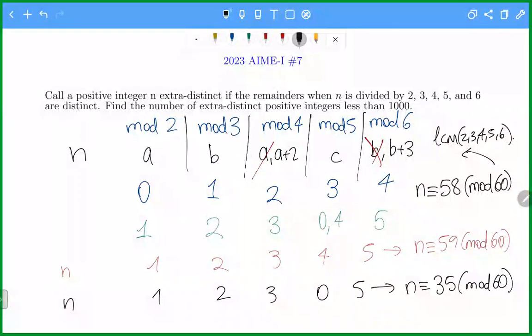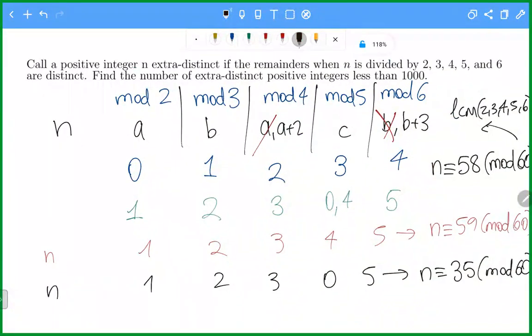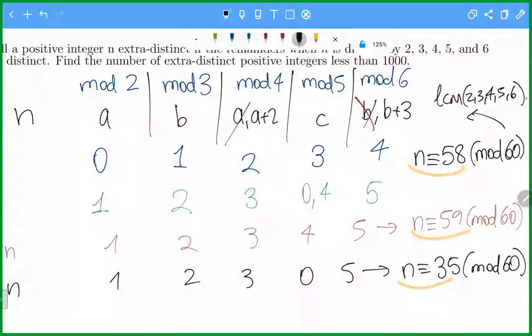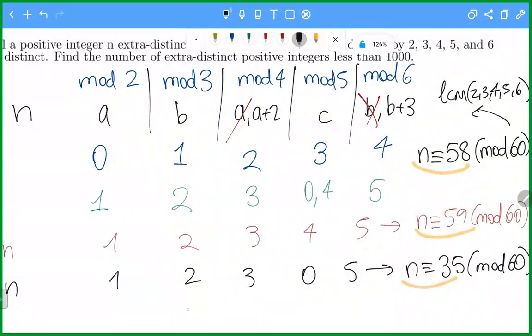Now, these are the extra distinct integers, and if you want to count extra distinct integers up to 1000, let's write 1000 as 960 plus 40.